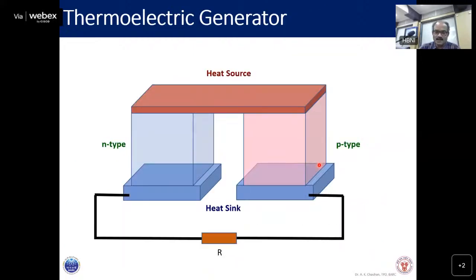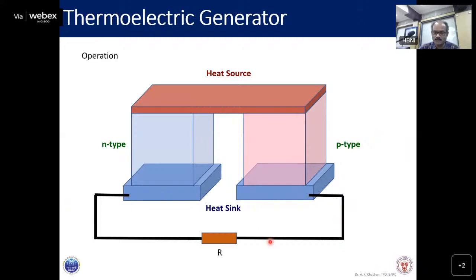This is just an animation: you have a heat source and you have N-type material and P-type material. In N-type, the majority charge carriers are electrons. In P-type, the majority charge carriers are holes. You have a heat sink. So now it is arranged in this way: the heat source is connected to both P-type and N-type legs, and the electrical connections are drawn in such a way that both connections are at the low temperature.